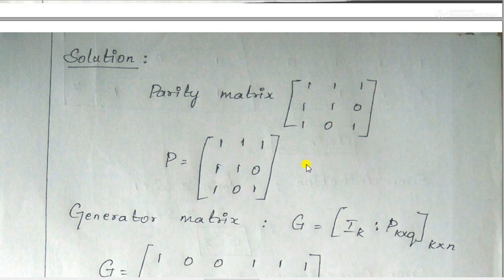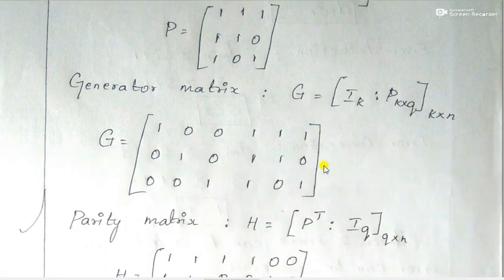This is the P matrix, and from this we can find the generator matrix. G is equal to the identity matrix I_K followed by the P matrix. We can identify the value of K from the given problem.